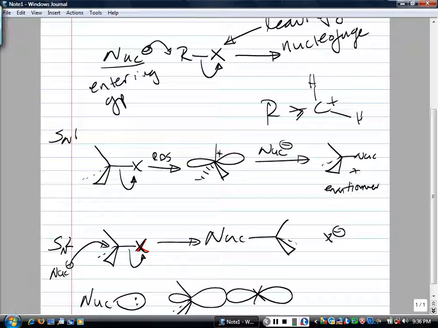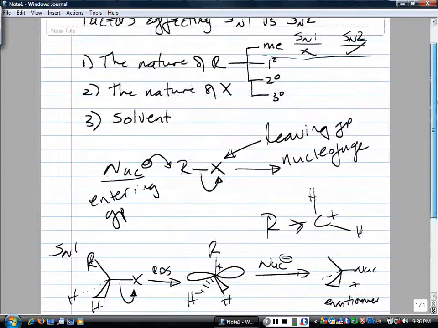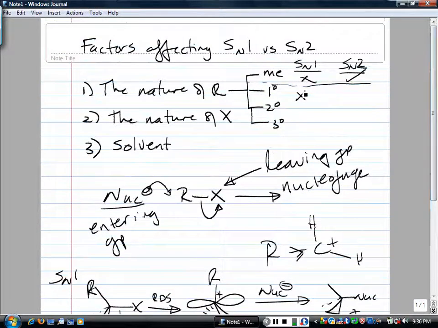So when I have 3 H's here, I can't get SN1. If I have one alkyl group, again, I cannot get the SN1 reaction, because that would give rise to a primary carbocation, which is inaccessible. So I can't do the SN1 reaction on a methyl or on a primary substrate.